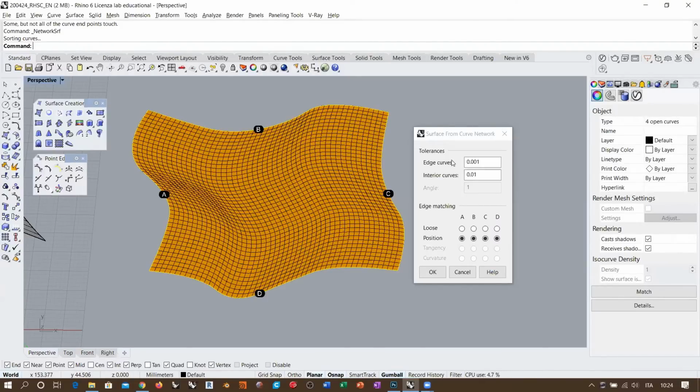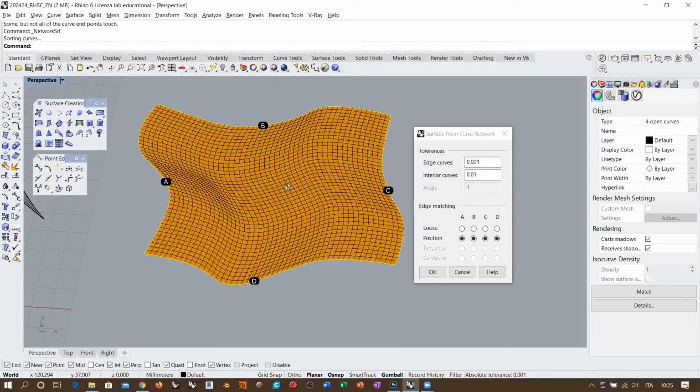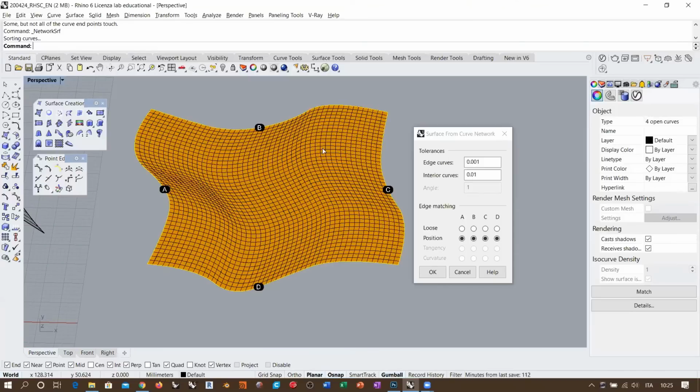Because I am basically performing an operation which is like rebuilding all these four edges here using this fitting tolerance. Okay? And therefore, you have a very, very complex set of isocurves and internal topology that make this object more difficult to use in any further modeling or topological editing.